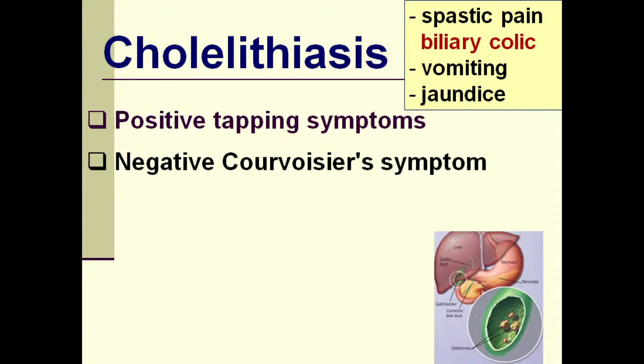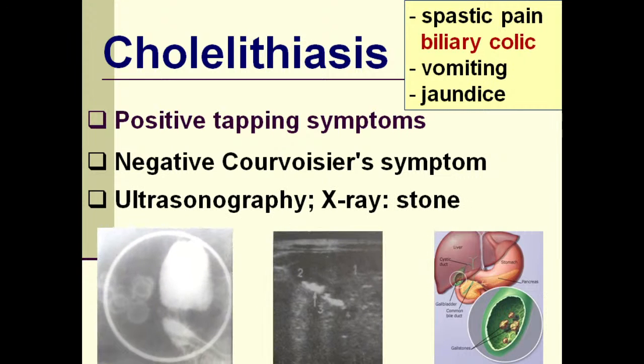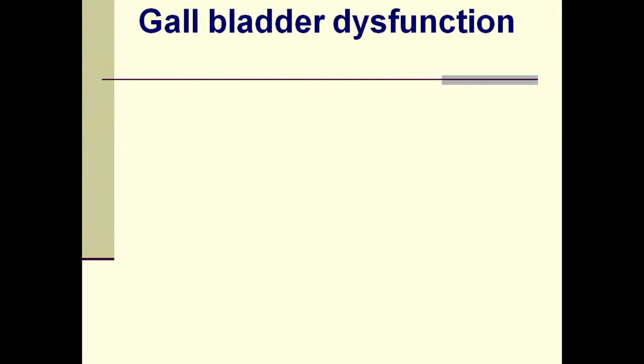If unmovable, it is a negative Courvoisier symptom, because of adhesion to the liver due to repeated inflammation, because cholelithiasis is often combined with cholecystitis or hypomotor dysfunction of the gallbladder. Ultrasound and or X-ray examination is obligatory to reveal the stone and clarify its chemical origin to clarify treatment.